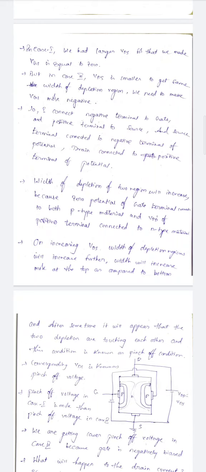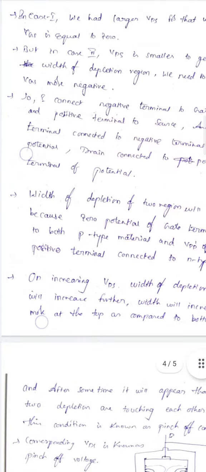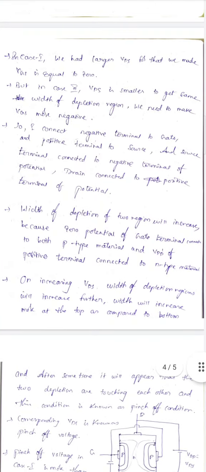In case 1 we had a larger VDS, for that we made VGS equal to 0, but in case 2 the VDS is smaller. To get the same width of the depletion layer, we need to make VGS more negative. We connect the negative terminal to the gate and the positive terminal to the source, and the source terminal is connected to the negative terminal of the potential.